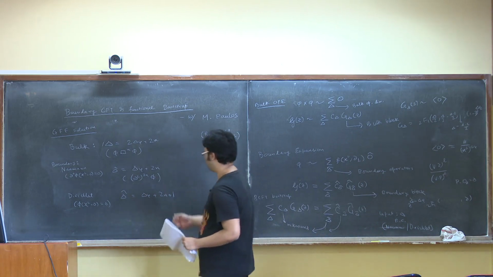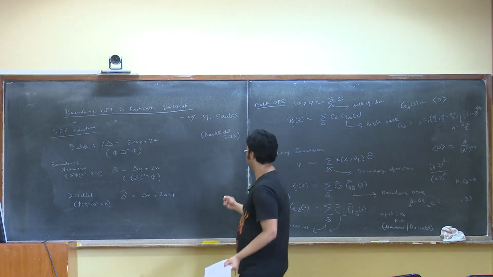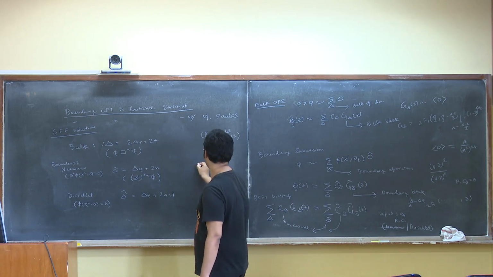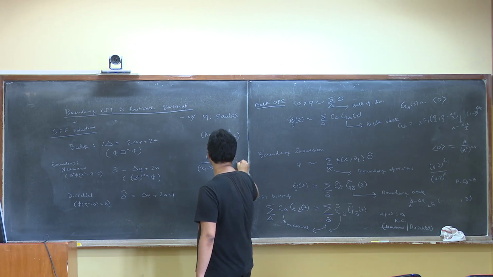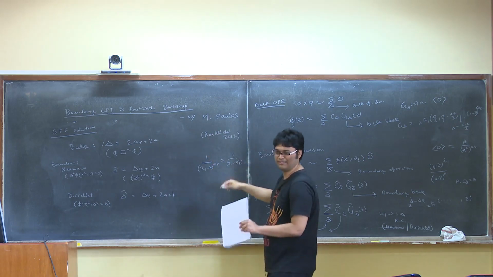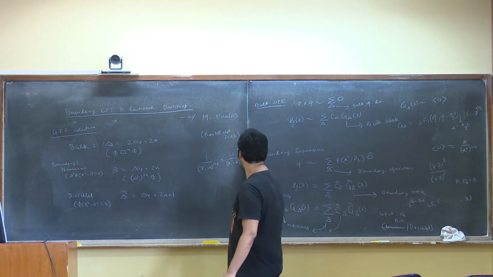So why not spin in this delta hat? In this case we don't have spin. The GFF solution is given by something like 1 over (x1 minus x2) to the power delta phi, plus or minus 1 over (x1 minus x2 reflected, where x2 r is the image of x2) to the delta phi.